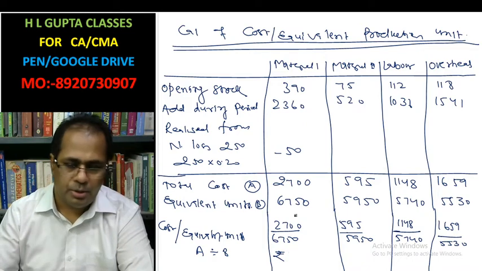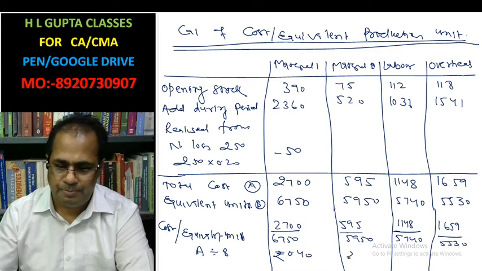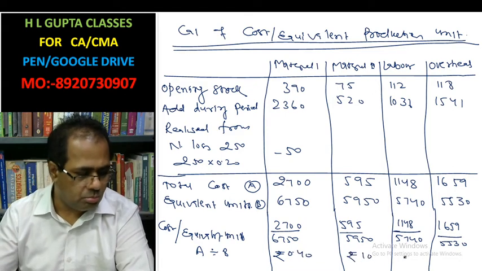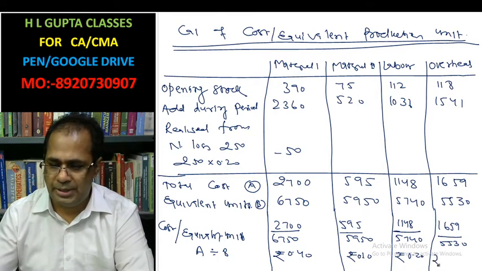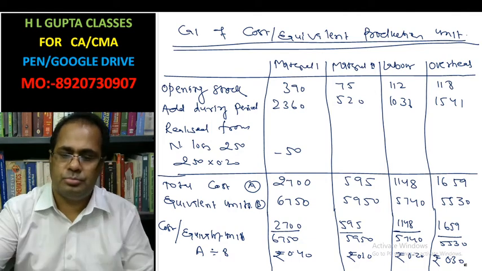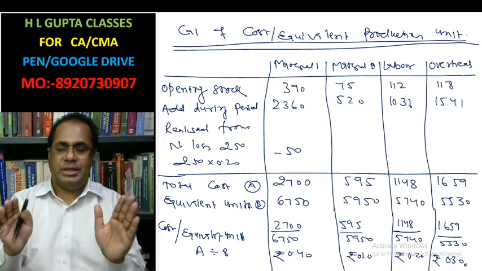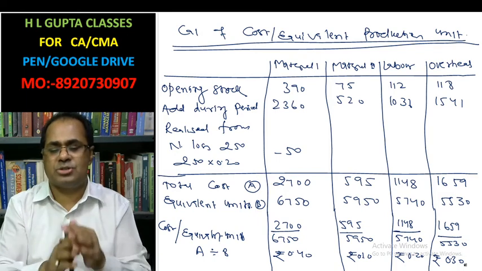Rupees 0.40, rupees 0.10, rupees 0.20, rupees 0.30. Now, after this you have to calculate the value of each component.